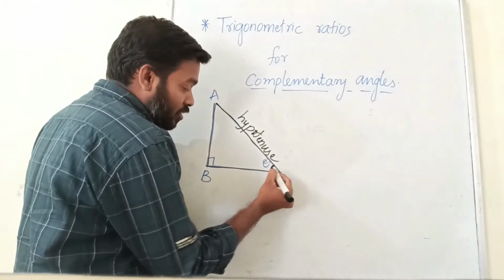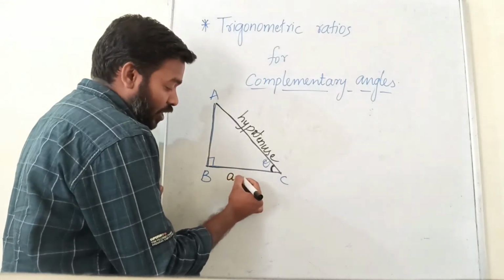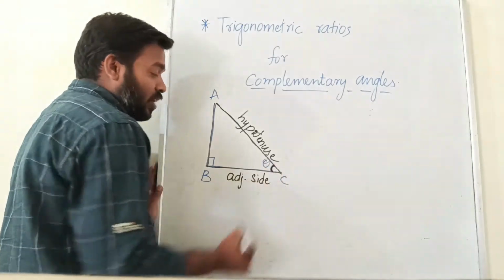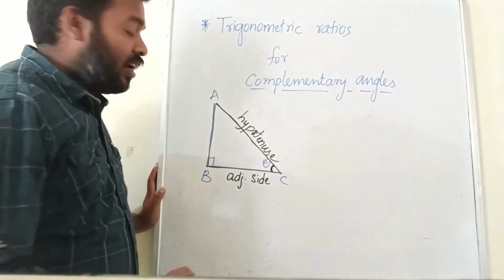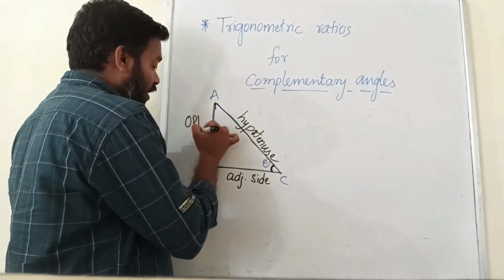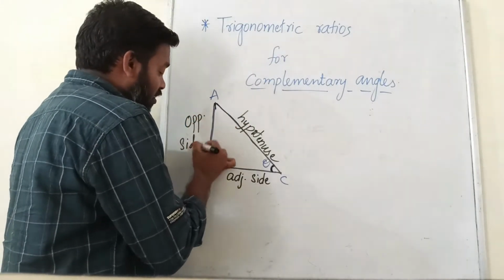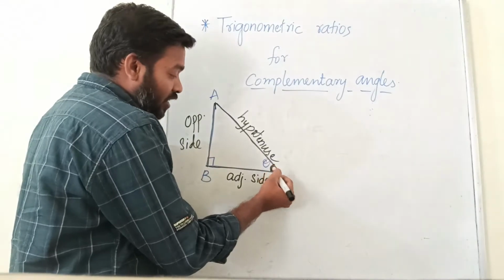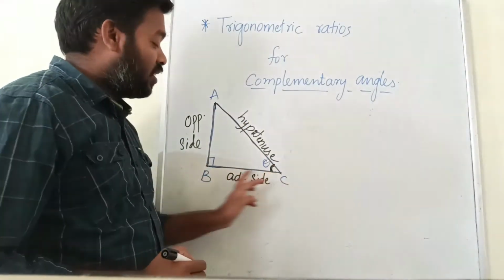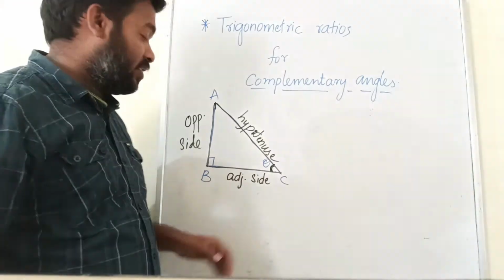The side that touches this angle is known as the adjacent side, and the side which doesn't touch that angle is the opposite side. The side opposite to this angle is the opposite side, and the side which lies nearer to this angle is known as the adjacent side.